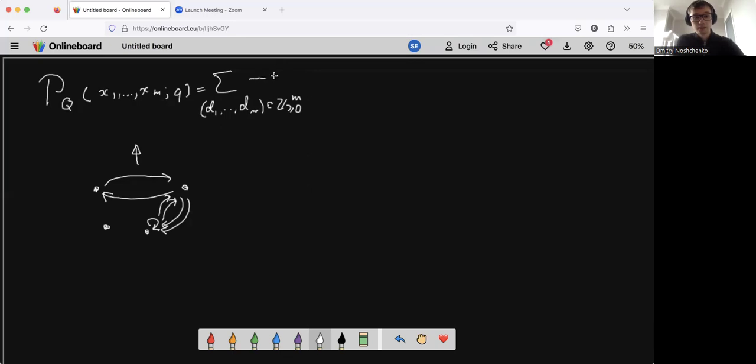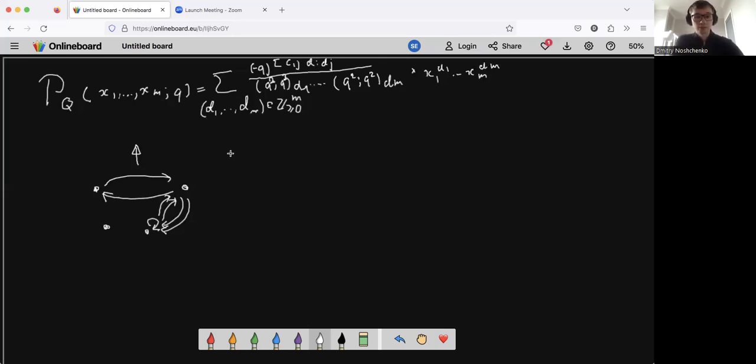Here we have minus q to the power of the sum of C_ij d_i d_j, so a quadratic form, and in the denominator we have a product of q-Pochhammer symbols, q squared, from d1 up to dm. And all this is multiplied by the generating parameters, so x1 to the d1 up to xm to the dm.